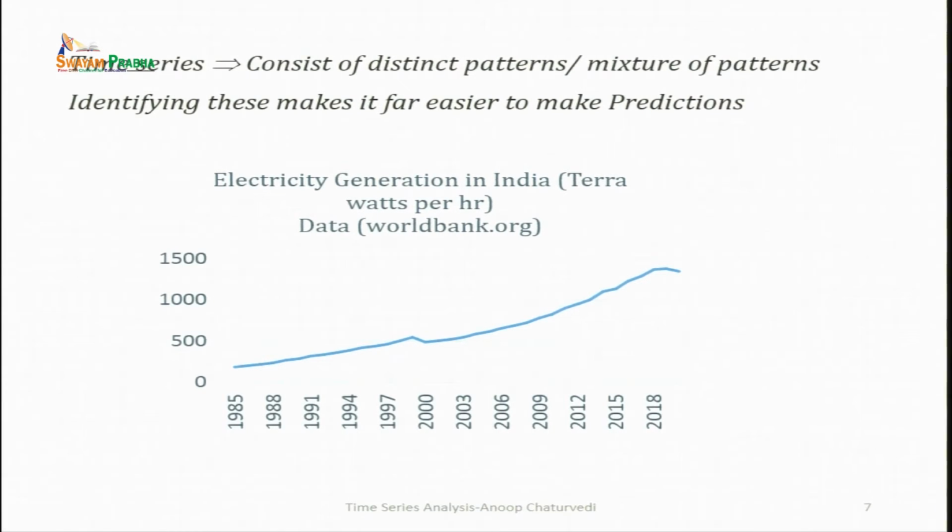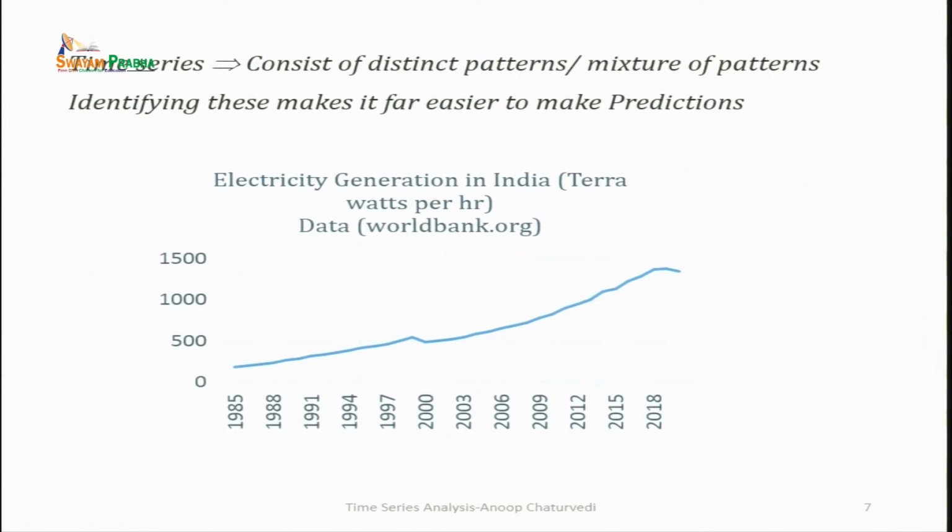Now, I will show you the graphs of different time series models, which will help you to understand how different time series have different kinds of variation. So, time series consist of distinct patterns or a mixture of patterns. It is not a single pattern which is causing variation in the time series.